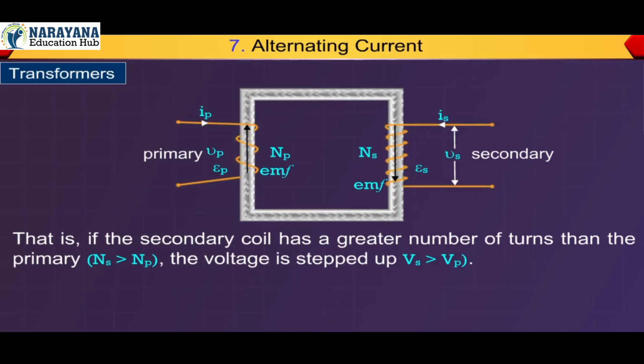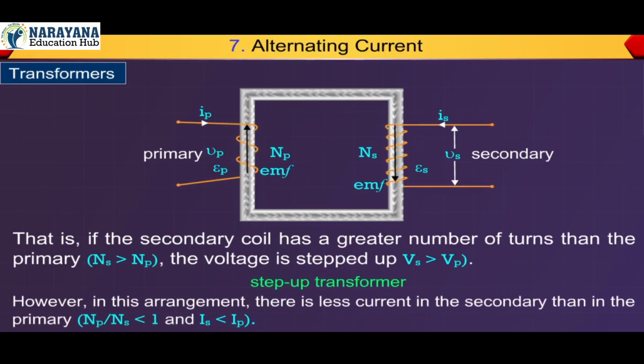The voltage is stepped up, that is Vs is greater than Vp. This type of arrangement is called a step-up transformer. However, in this arrangement, there is less current in the secondary than in the primary.